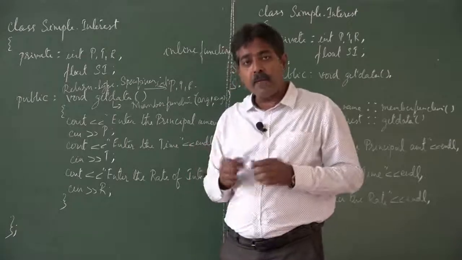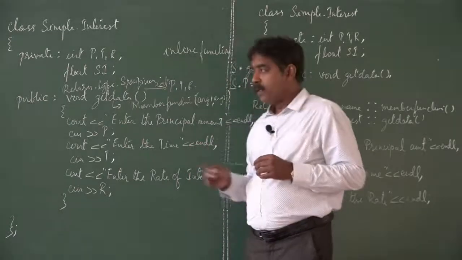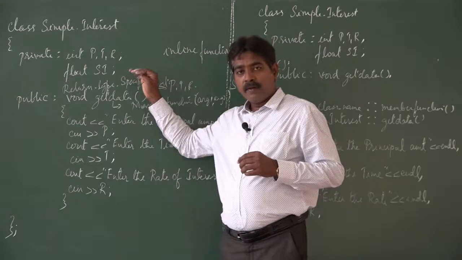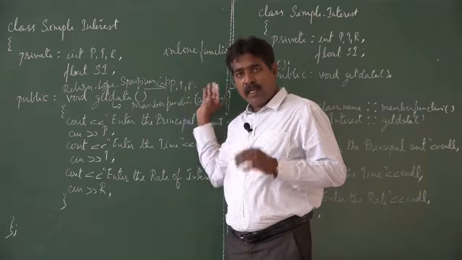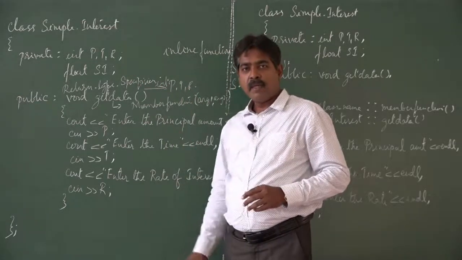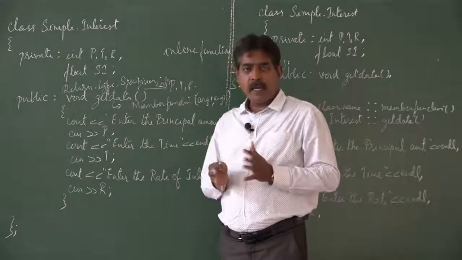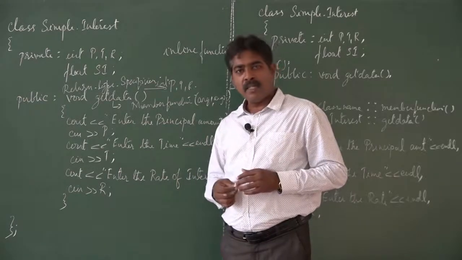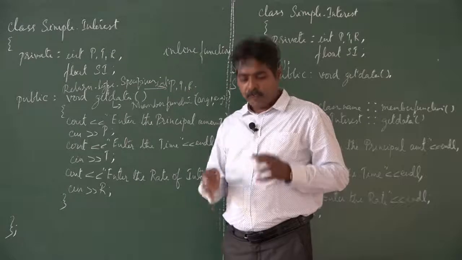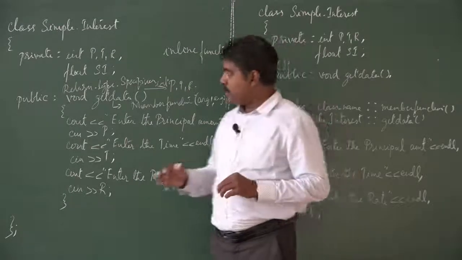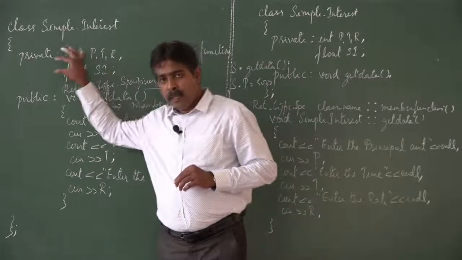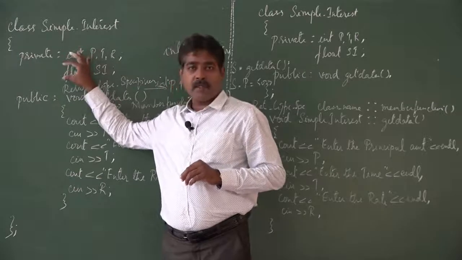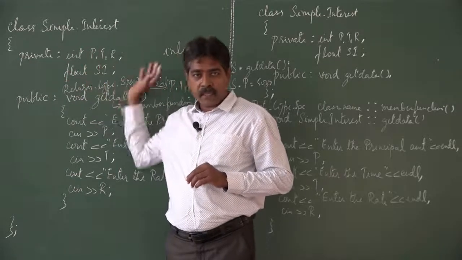So private and protected are quite similar. Private will not be accessed outside the class, likewise protected also, but there is a little difference, and we will be working on that example at a later stage. For the time being, we need to understand that the members which are under private will not be accessed outside.